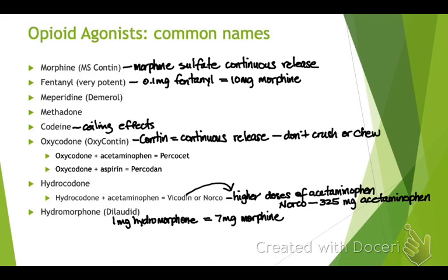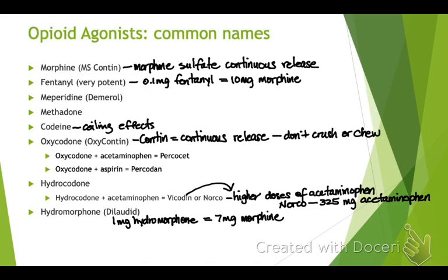Meperidine, which is Demerol, methadone, codeine. Codeine does have that ceiling effect that we discussed in the previous slide. Oxycodone or OxyContin. The Contin ending does again have your continuous release. It's in the family of morphine sulfate.